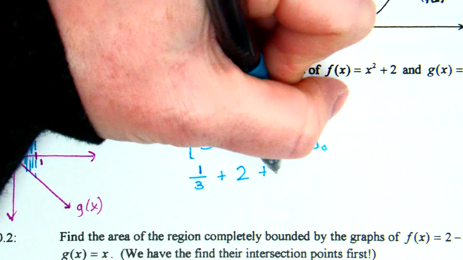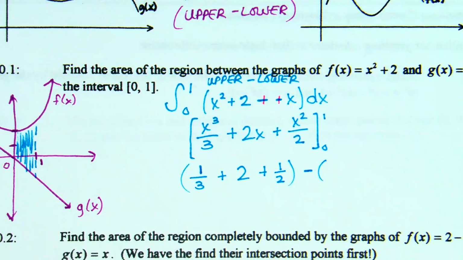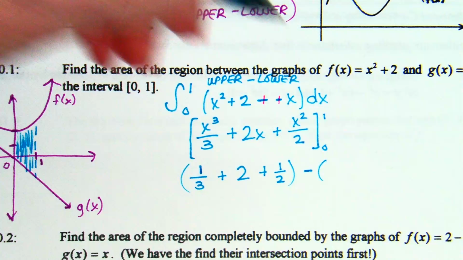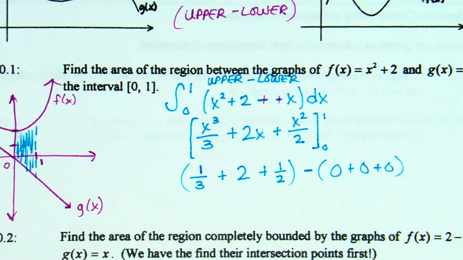So it's going to be that quantity, minus, now we plug in 0, which is, 0 plus 0 plus 0? So the key is 1/3 plus 2 plus 1/2.